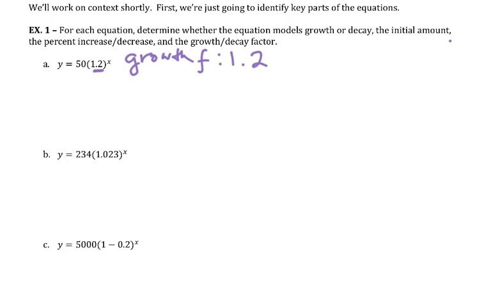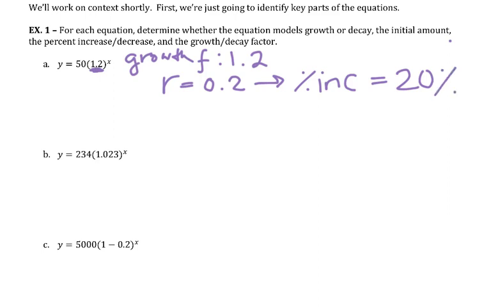I know it's growth and not decay because this value is greater than 1. I know the growth factor is always 1 plus r, which means r is 0.2, which tells me that my percent increase is equal to 20%. So it's growing by 20% each time. My initial amount is 50.